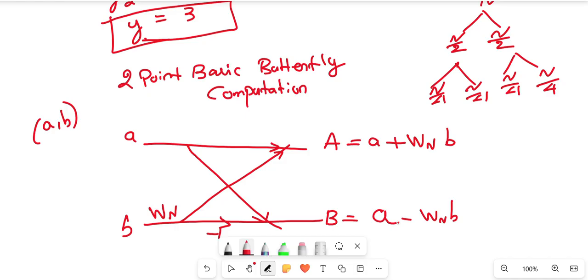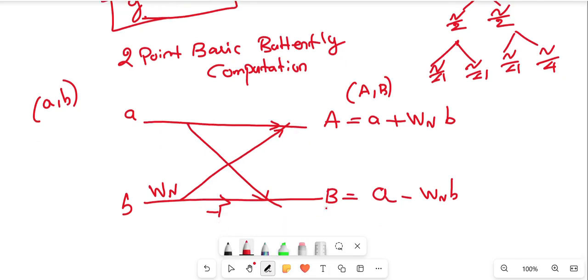Then it produces two new complex numbers A and B. This basic computation is called a butterfly because the flow graph resembles a butterfly.